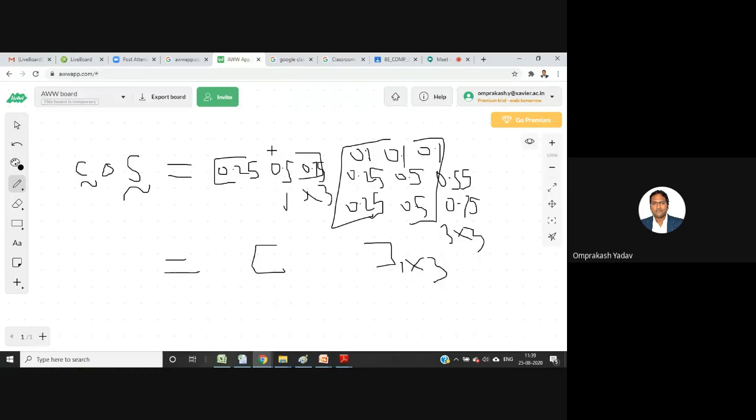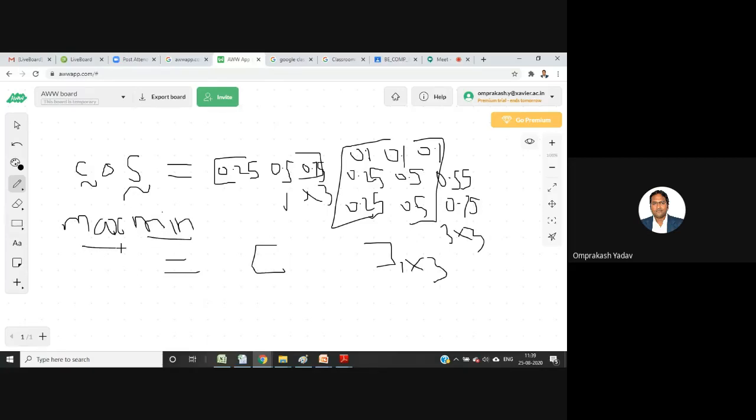So I have to take this entire row and compare it with the first column, then the second column, and then the third column. I'm first comparing with the first column. This is max-min composition. First I have to find the minimum value and then the max value.